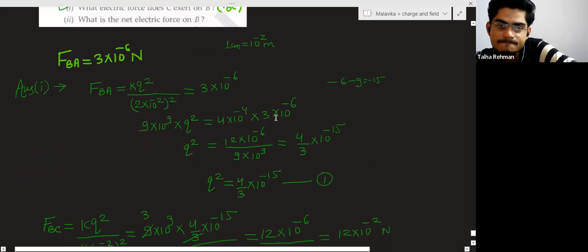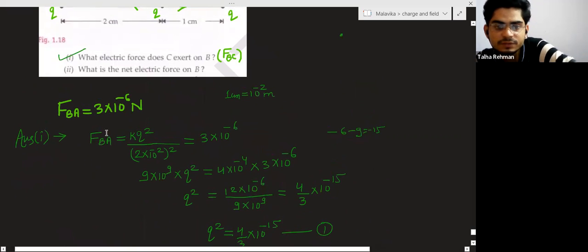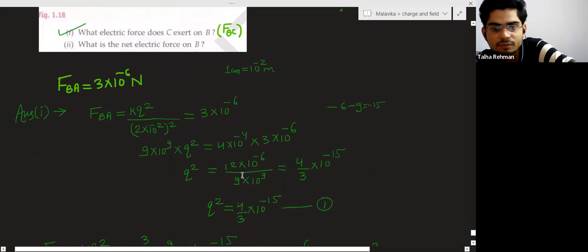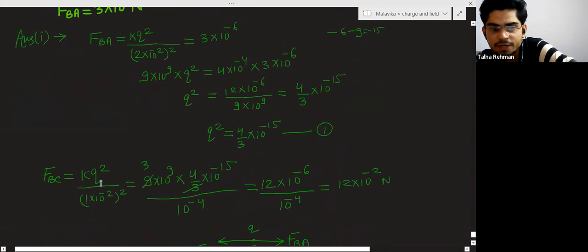So what I have done, first I have calculated this, and I got the value of q square, 4 by 3, and I have put 4 by 3 in 10 to the minus 15. It will be 10 to the minus 6, and here we have 10 to the power minus 4, and this 4 will come up.